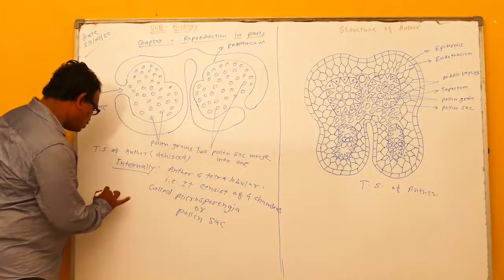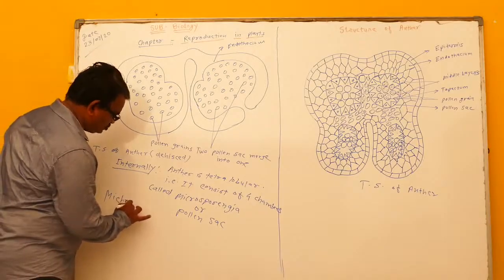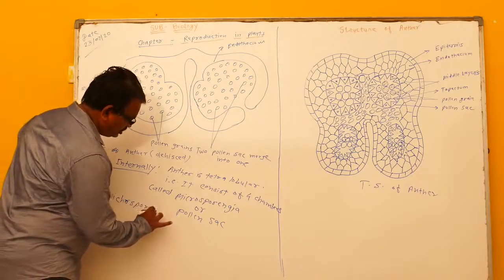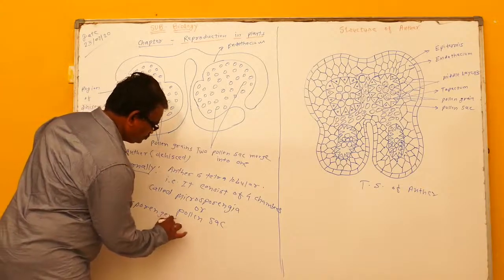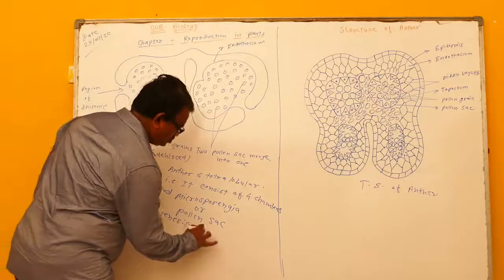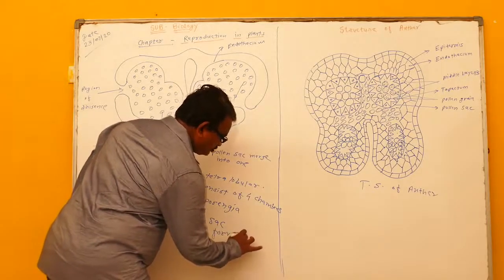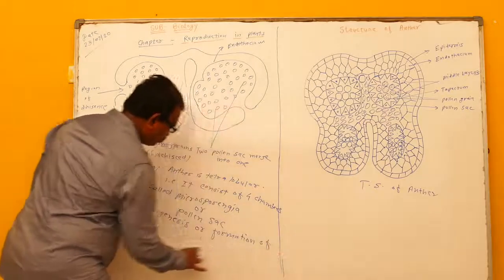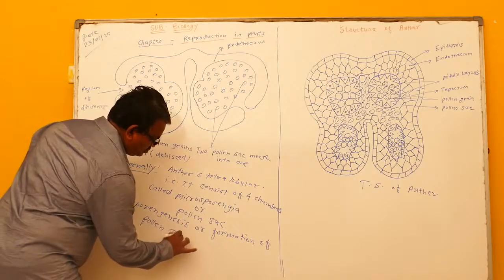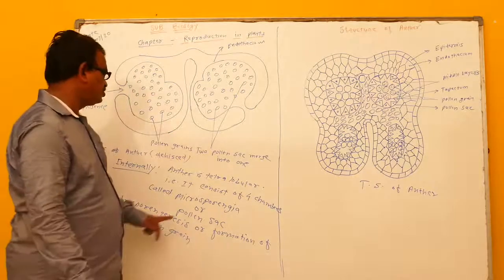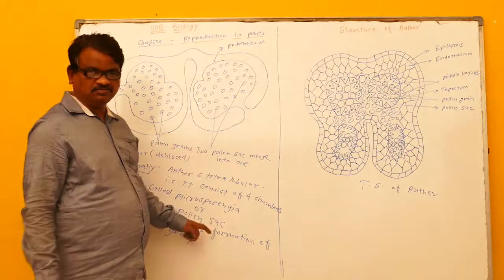Now, microsporogenesis or formation of pollen grain takes place in microsporangia or pollen sac.